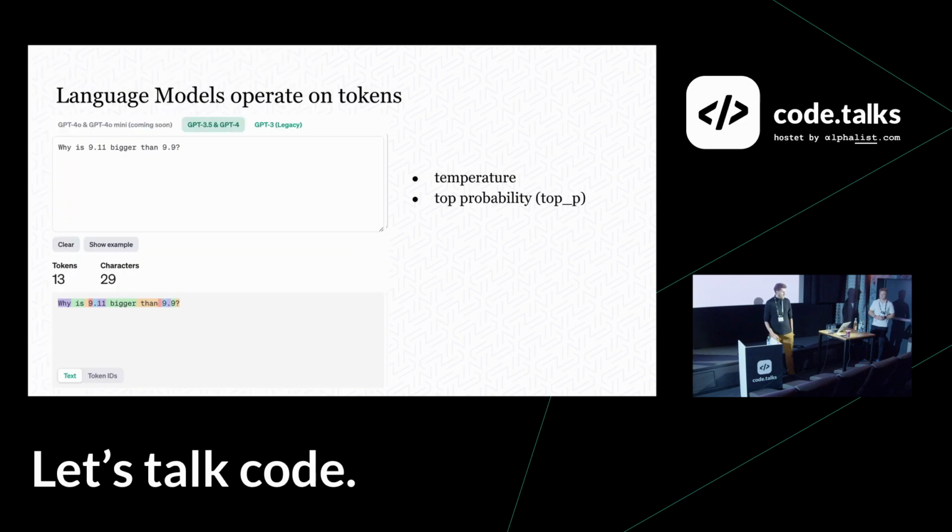End of the day, we operate on tokens. We have some parameters called temperature, top probability, and the actual seed to control to some extent how creative the chatbot is, or how much it can go bananas.